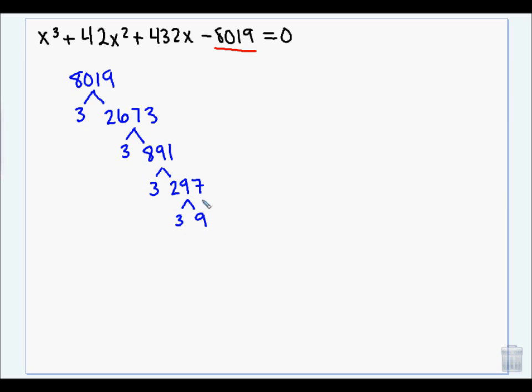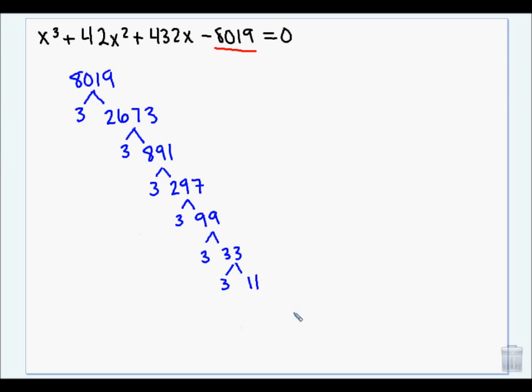And I get 99, which will divide by 3, and I get 33, which will divide by 3, so I get 11. Okay. So I now have the prime factorization.